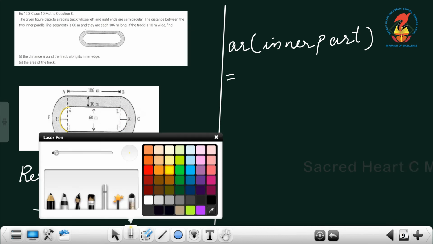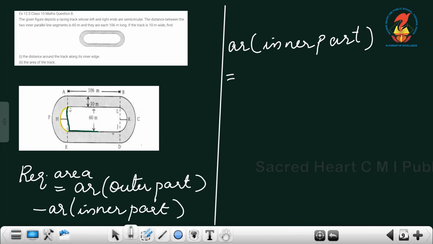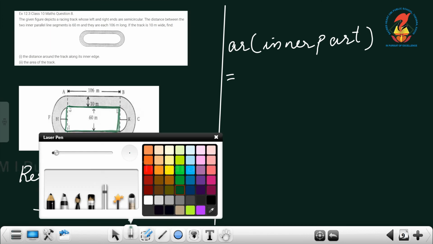Area of the inner part is equal to the small rectangle plus these two semicircular regions. So what is actually the length? The length is the same thing, 106. What about this breadth? 60. 106 into 60.